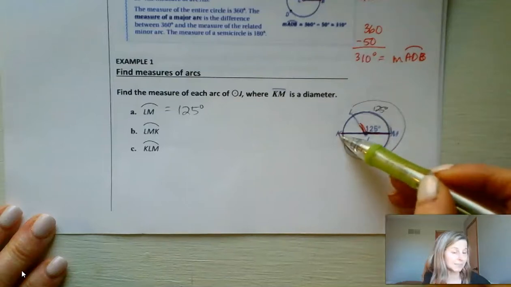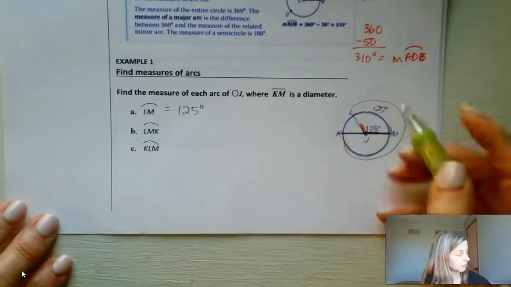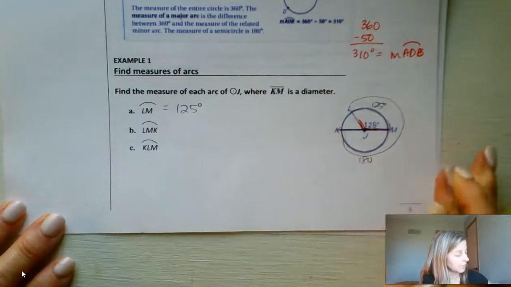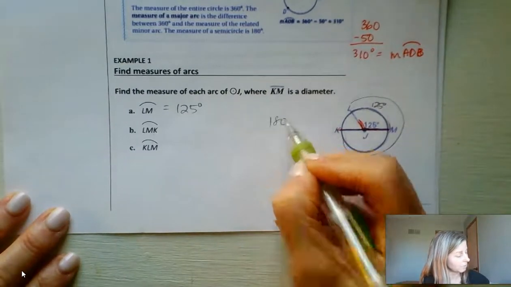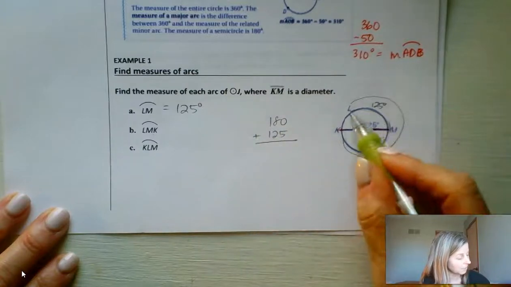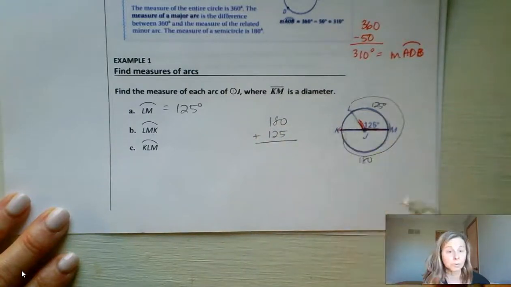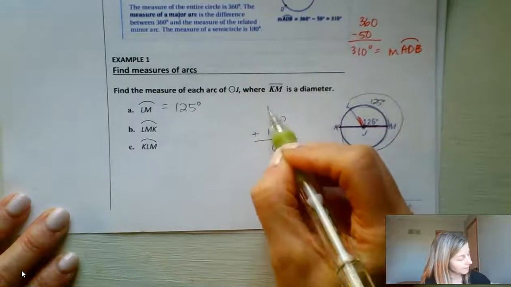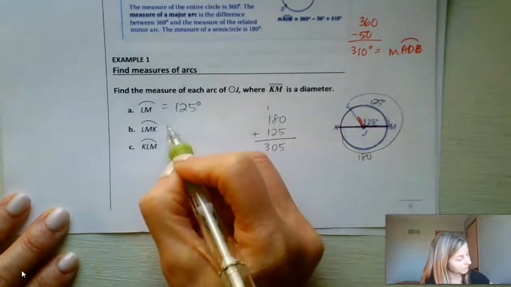So this is a semicircle. That's half of the circle. So I know that that section is 180. So I'm going to take the 180 and add 125 to it, and that should give me LMK, the whole arc. So that would be what, 8, 9, 10. Looks like it would be 305 degrees.